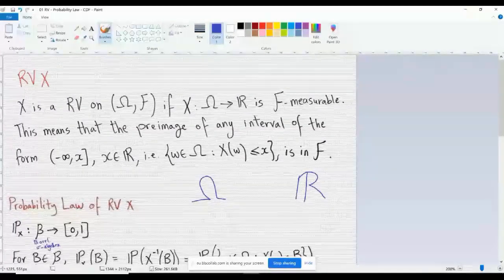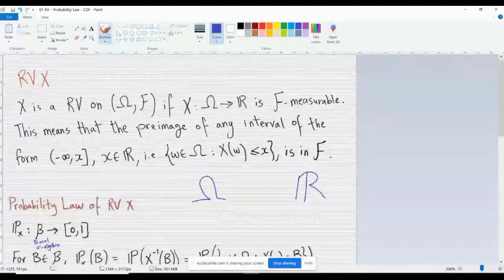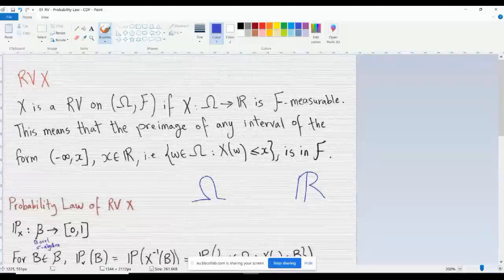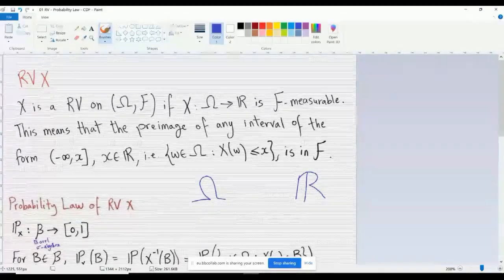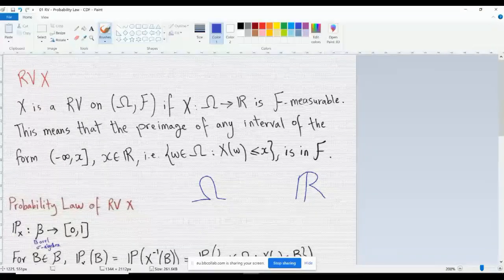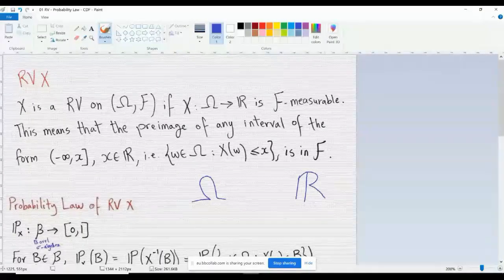Any function that you define on a sample space is a random variable if you are able to include all subsets of big omega in your sigma algebra. That is, if you use the power set as your sigma algebra. But this is feasible when omega is finite or countably infinite.